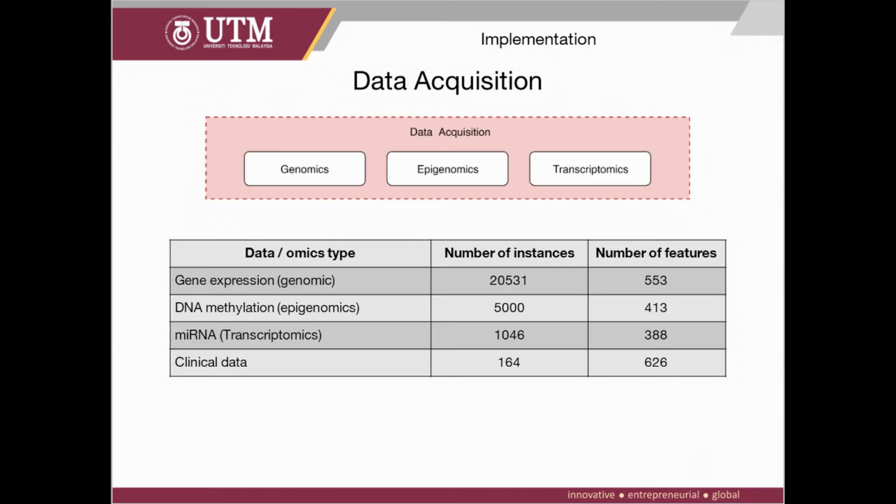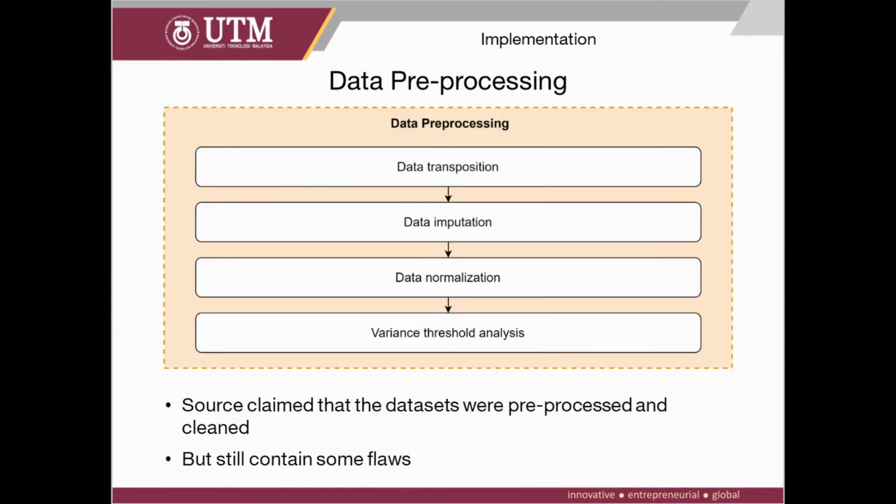Starting with data acquisition, the datasets are obtained and their initial data shape is tabulated in the table. Despite claiming that the datasets were pre-processed and cleaned, it is found out that there are still some flaws in the dataset. Therefore, the pre-processing steps as follows are executed. Firstly, data transposition is performed on the raw omics dataset to fix the inverted rows and columns problem.